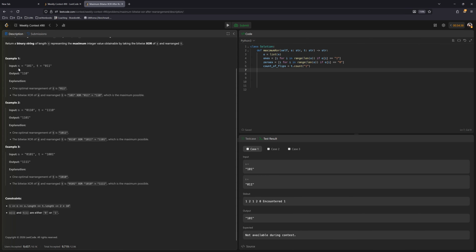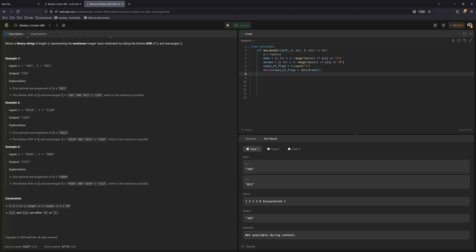And the correct output is 110. If count of flips is greater than length of zeros, well, let's do while count of flips is greater than length of zeros, then we will choose the smallest one and flip it back.